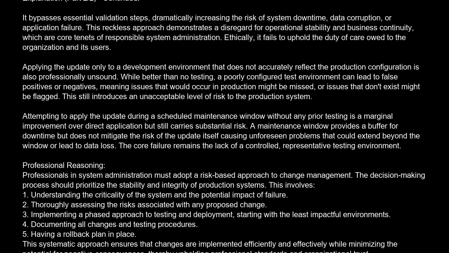Implementing a phased approach to testing and deployment, starting with the least impactful environments. 4. Documenting all changes and testing procedures. 5. Having a rollback plan in place. This systematic approach ensures that changes are implemented efficiently and effectively while minimizing the potential for negative consequences, thereby upholding professional standards and organizational trust.